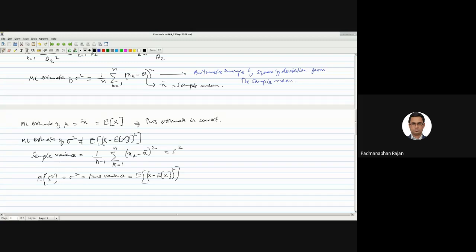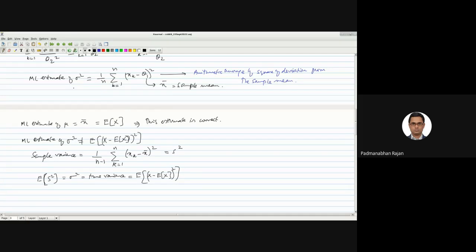But the ML estimate is not equal to the sample variance. Rather than dividing by n minus 1, the ML estimate is dividing by n. So the ML estimate is always underestimating the true variance. Even if you have a large number of data points, the maximum likelihood estimate of variance is not going to be equal to the true variance.